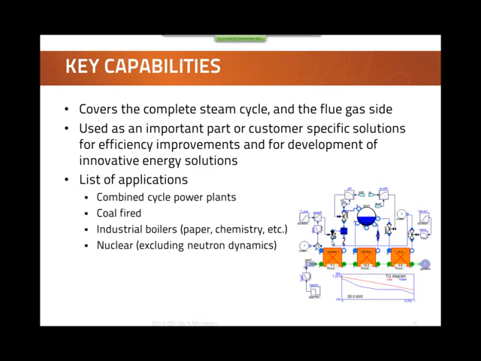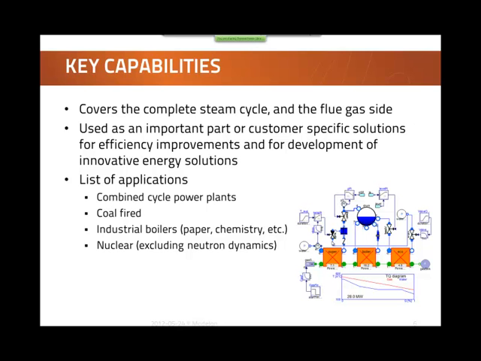A little bit about key capabilities. The library covers the complete steam cycle, so it includes turbines, condensers, boiler, pumps, etc. It also has a lot of components on the flue gas side, but it does not cover the complete flue gas side. For example, it doesn't have any gas turbine. We have used it as an important part of customer-specific solutions for efficiency improvements and for development of different energy solutions. Here is a list of applications.